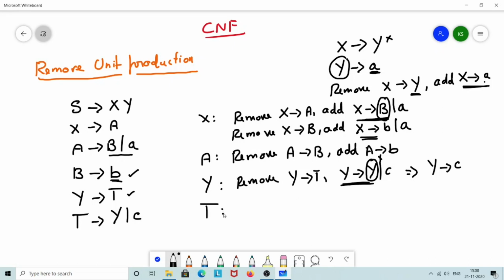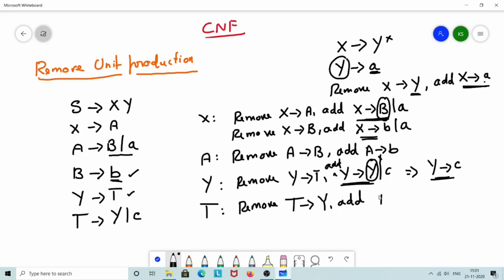Finally, with respect to t, remove t gives y. If I remove t gives y, I have to replace it with what y is giving. Now what does y give? Y gives c, right? That's what we have added previously.